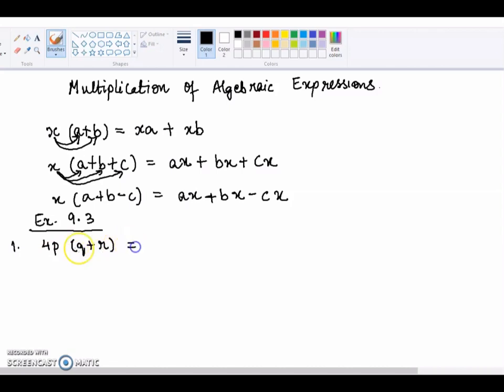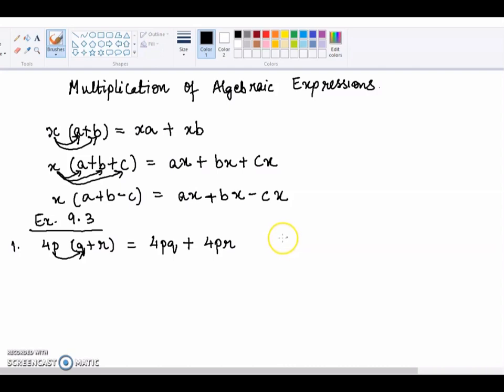So this will be 4p into q, that is 4pq. I have first multiplied these two, then put a plus sign, and then 4p into r, that is 4pr. This is how it will be done.